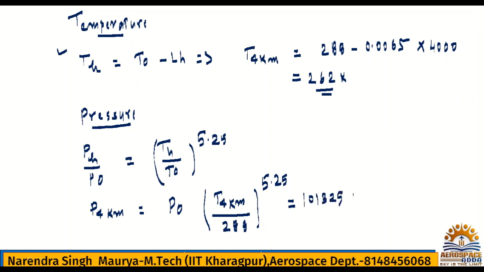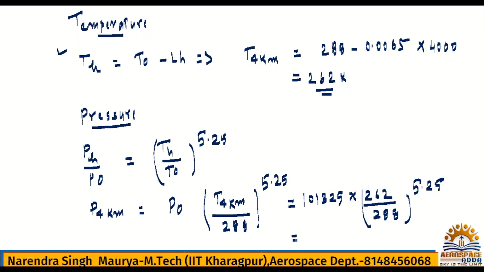What is the P naught sea level value? 101325, into the temperature at 4 kilometer, which you have just calculated, 262 divided by 288. If you calculate this, what value do you get? Let me check: 262 divided by 288 to the whole power 5.25 into 101325.